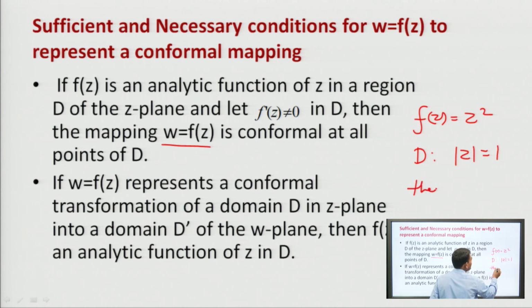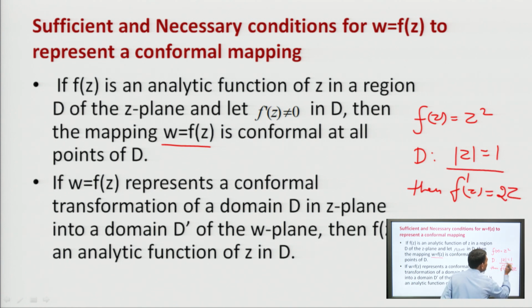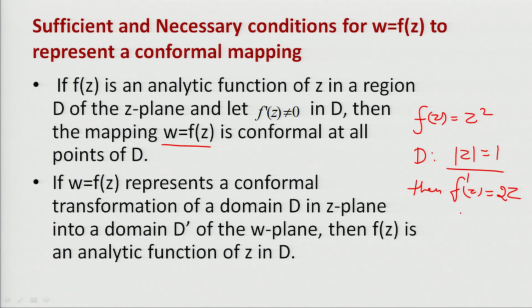Then f'(z) = 2z, and for this region D, f'(z) is not equal to 0. This is a polynomial function, therefore it is analytic for all points in this region. Therefore, f will be a conformal mapping for this region.